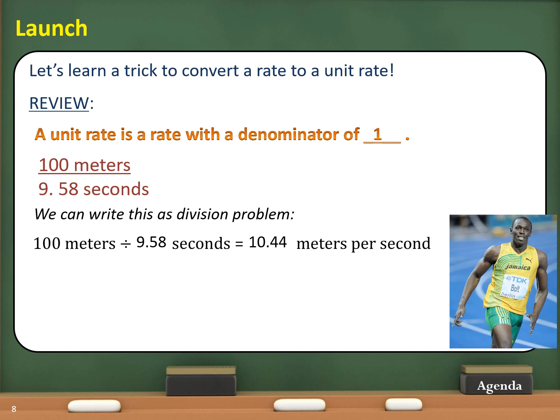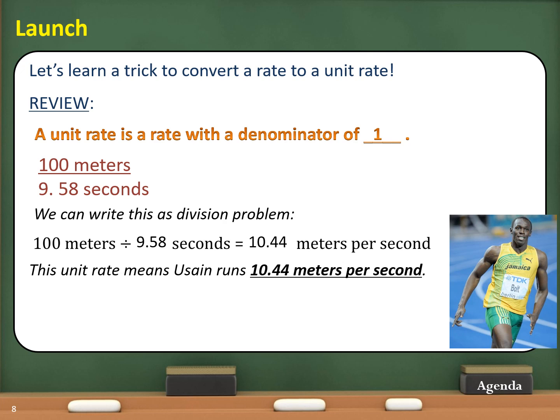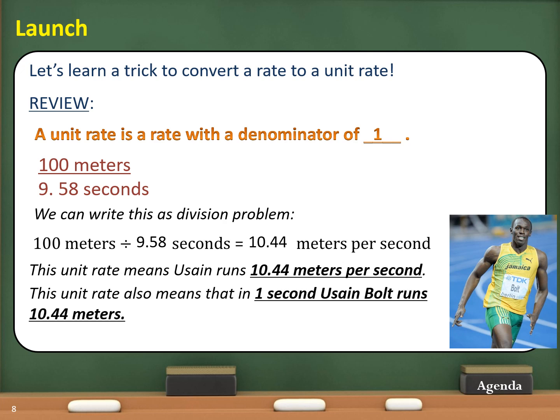Usain Bolt can run 10.44 meters in 1 second. If he runs for 15 seconds, how many meters can he run? We can compare and calculate.